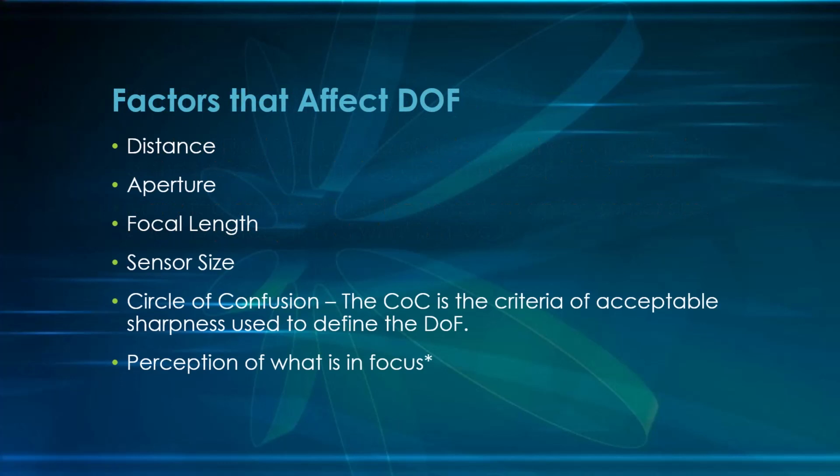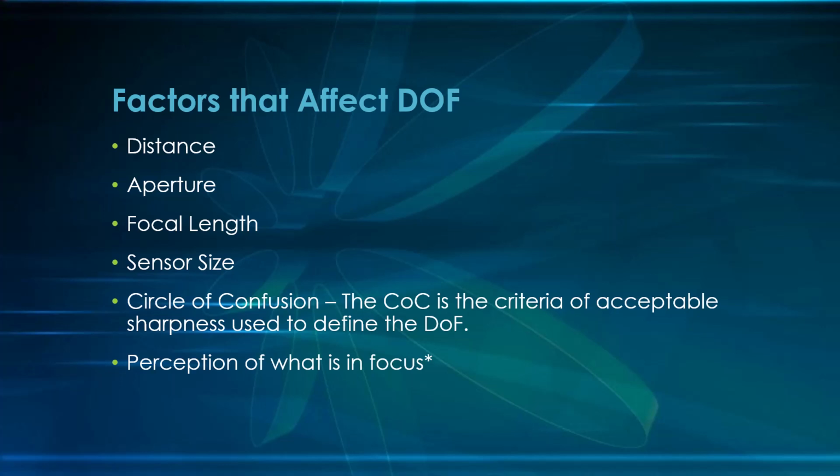Factors that affect depth of field: distance, aperture, which is the size of the opening in the lens, focal length, sensor size, circle of confusion. The circle of confusion is the criteria of acceptable sharpness used to define the depth of field.